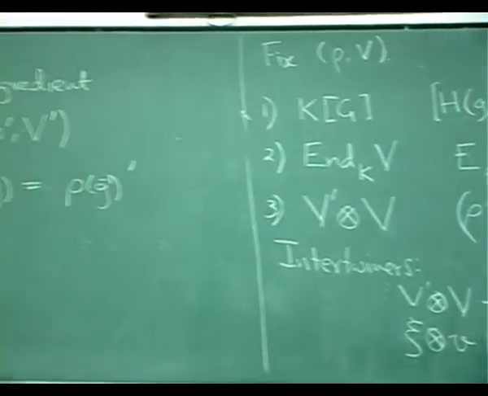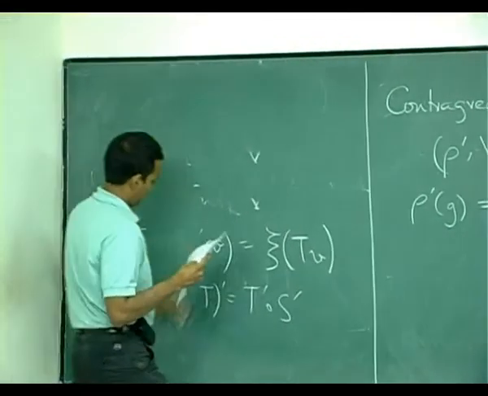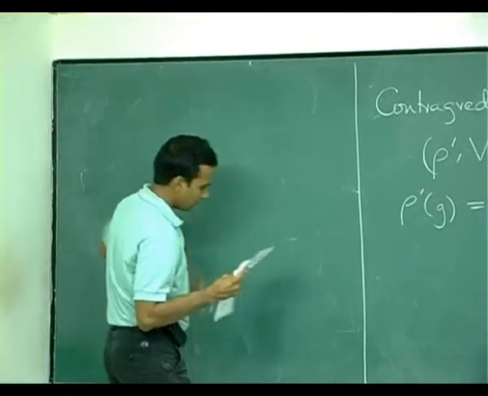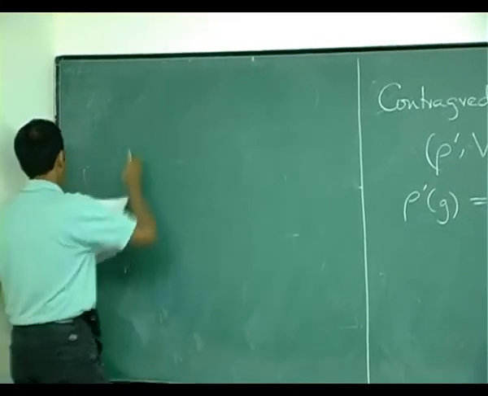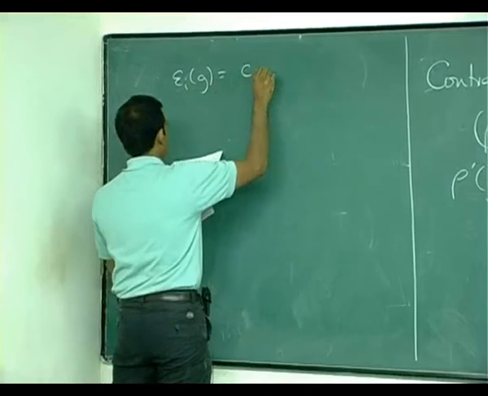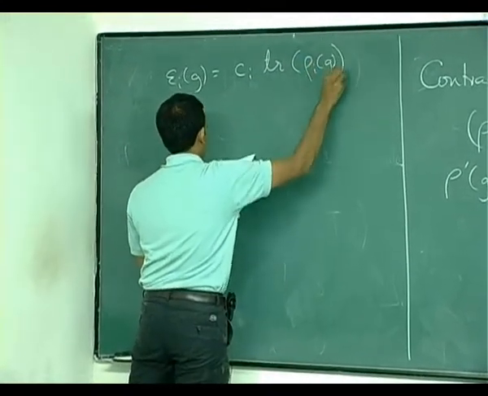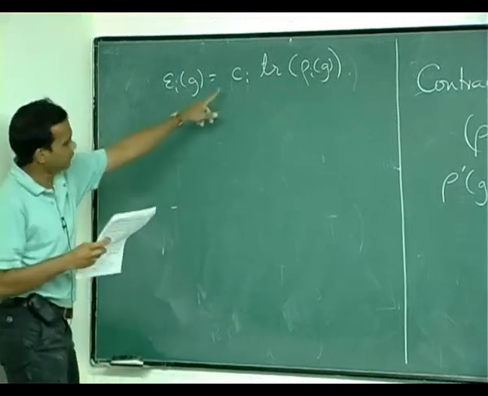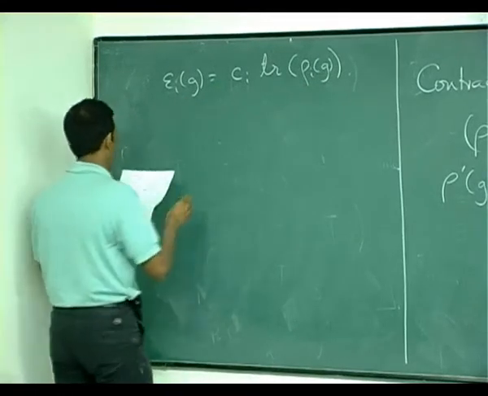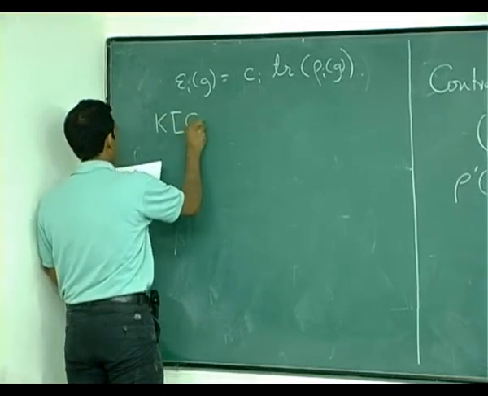So what we've concluded is that under the Wedderburn decomposition, epsilon_i(g) is some constant times trace of rho_i(g), where this is over K. Now let's just look at the following thing.